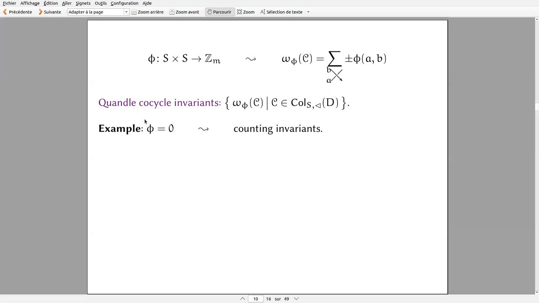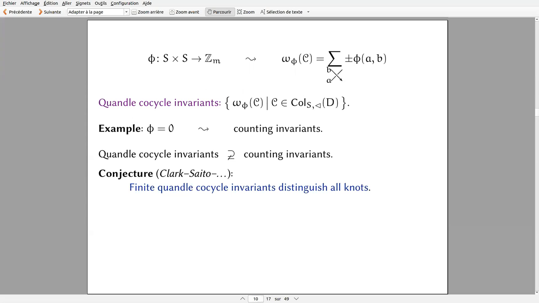The zero map satisfies the 2 conditions we needed, and so if you take the zero map, all the omegas will be 0. So you just have a multiset of zeros, which means that you're just counting your colorings.